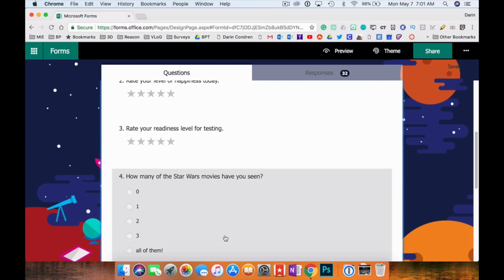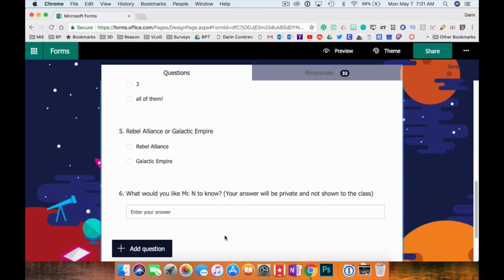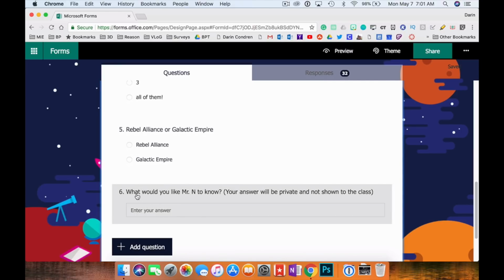Usually I'll ask them a language arts question and a math question about either something that we're already studying or something we're about to study, just to figure out where exactly they're at. And then the last question I always ask is if they would like to say something to me or ask me something.